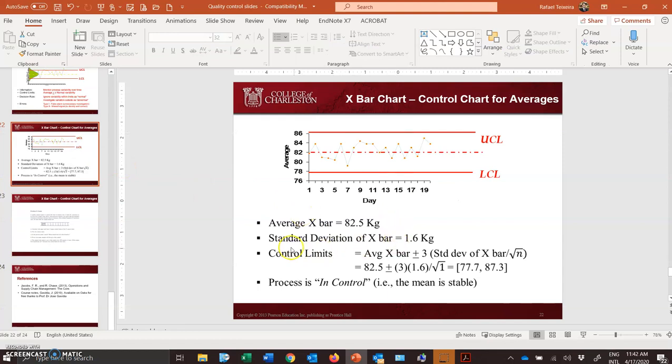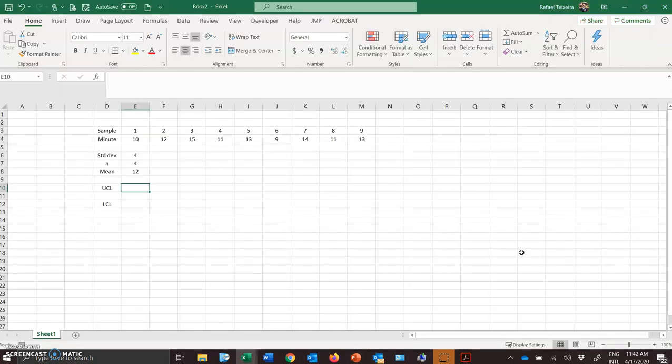The control limits are the average plus and minus 3 multiplied by the standard deviation of the information we have divided by the square root of n. So let me implement that.